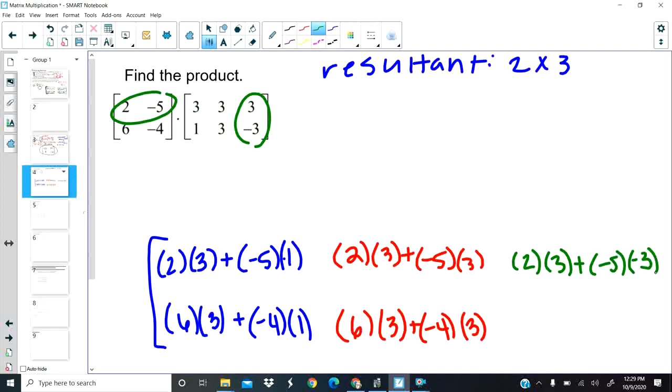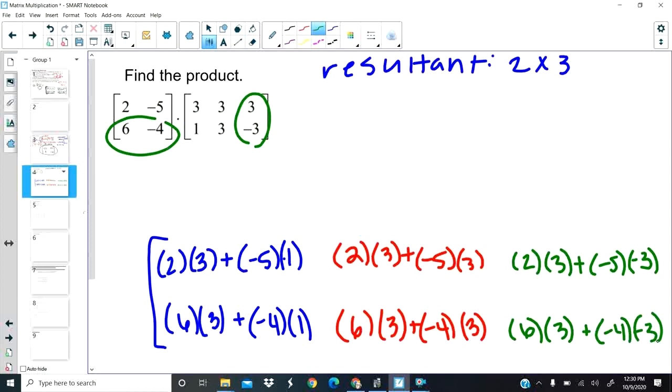And then for row 2, column 3, I need 6 times 3 plus negative 4 times negative 3. And then that should give me my whole resultant matrix. So I just need to solve this out now. And so I'm going to write it up here. I just knew I didn't have enough room for all of this up here.